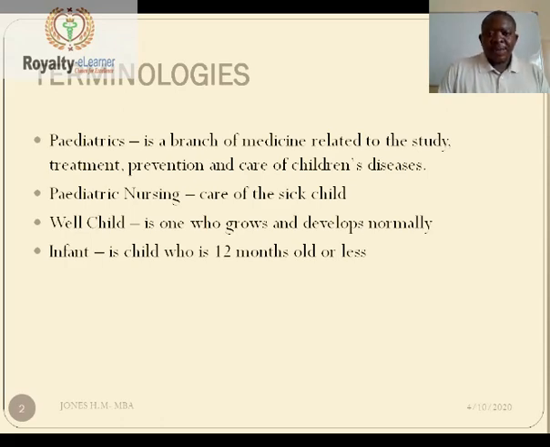Well child looks at the one who grows and develops normally. That is the child who grows and develops normally; that is what we call a well child. When we say infant, we're looking at a child who is 12 months old or less.